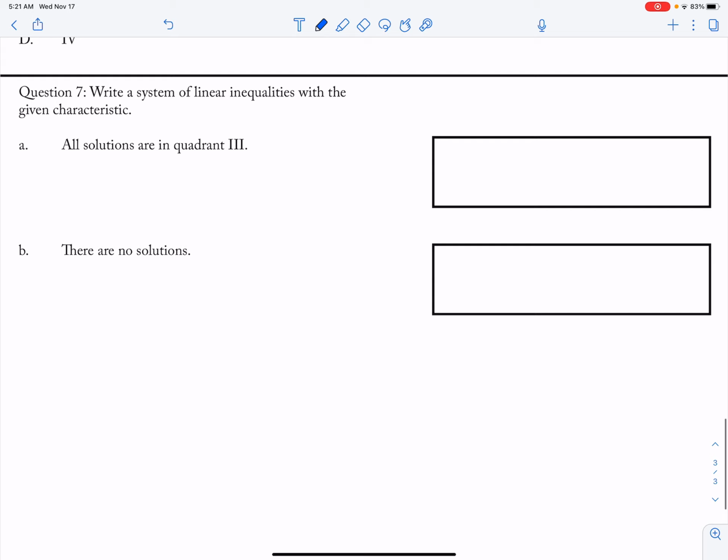Here, all solutions in quadrant 3, which is right here. That would make it, here's the y-axis, x is less than 0. And then below the x-axis, y is also less than 0.